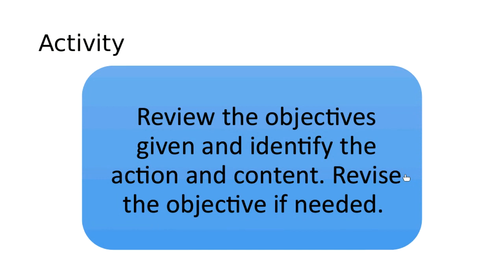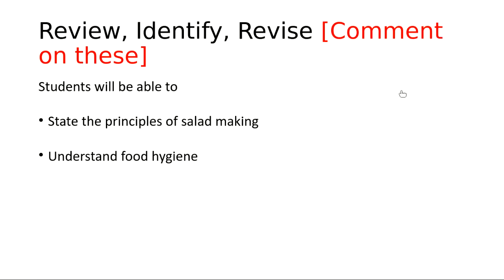I'll put them in the chat box as well. No, if I put them in the chat box, you wouldn't see that either. So I want you to just note these objectives quickly, because you're all going to be put into groups in rooms, so you won't be able to see me or this whiteboard.